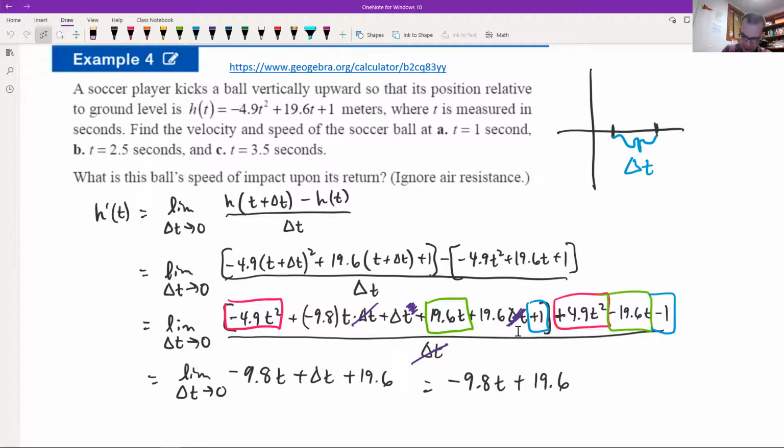And so this is our final answer for h prime of t. We now have a function where, depending on whatever t value we want to plug in, we have a function that will give us the slope of the tangent line at that point.